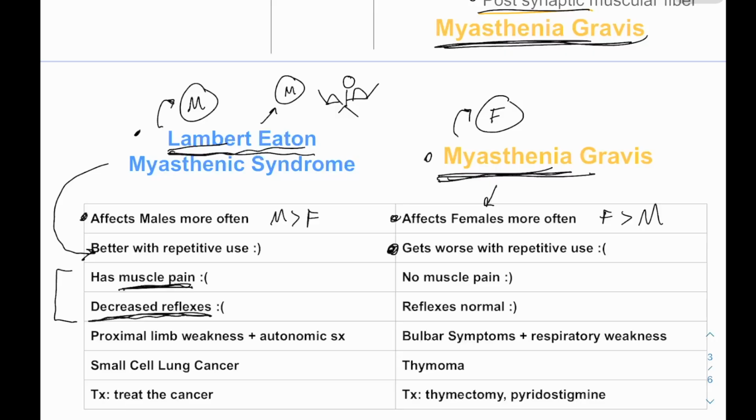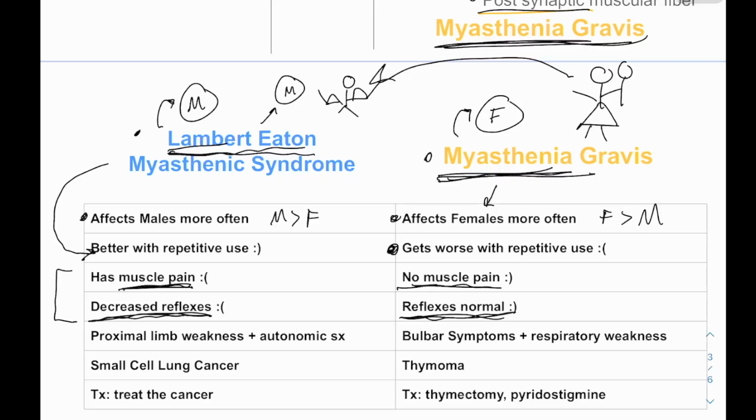For myasthenia, I imagine a woman who plays tennis. Because she plays tennis, her reflexes have to be pretty sharp, so she has normal reflexes. And because she doesn't hit the gym as much as this guy does, she has no muscular pain.